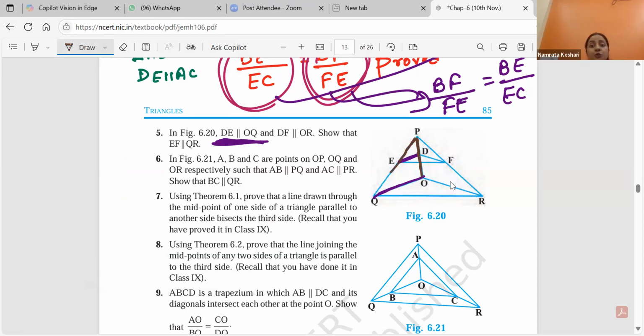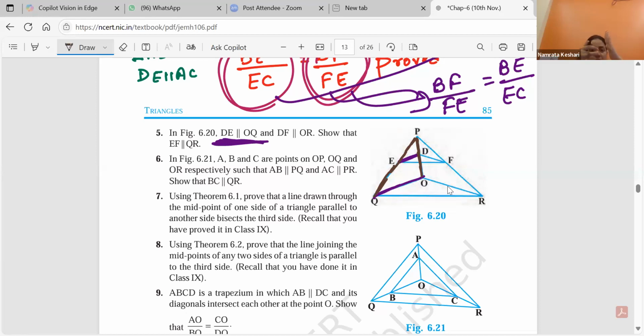The basic proportionality theorem says that the smaller line must touch the other two sides. So yes, it is touching. We can use the basic proportionality theorem over here. How easy is that? Our triangle is just like this. You have a pyramid type of shape, but your triangle is just this one.